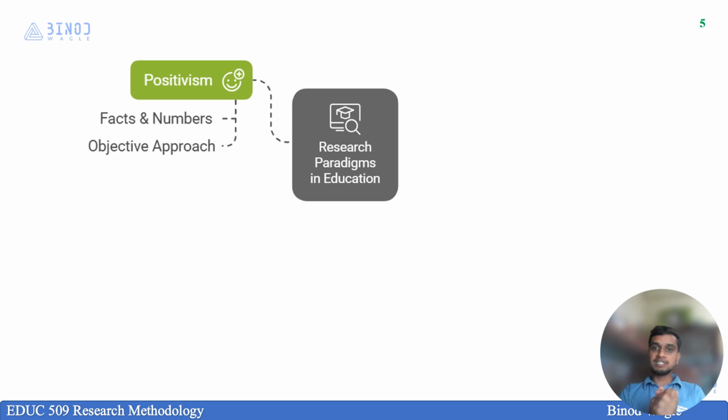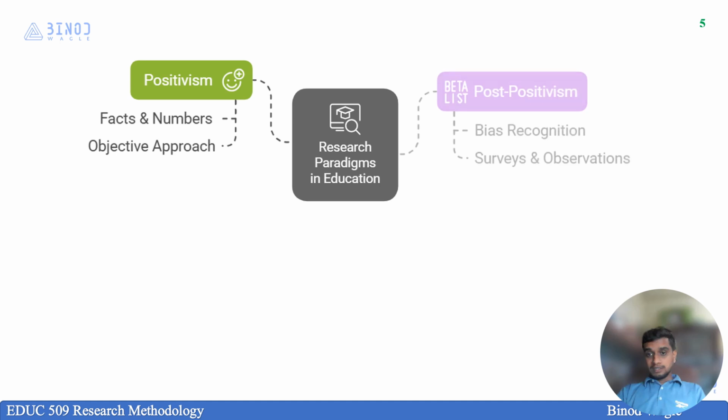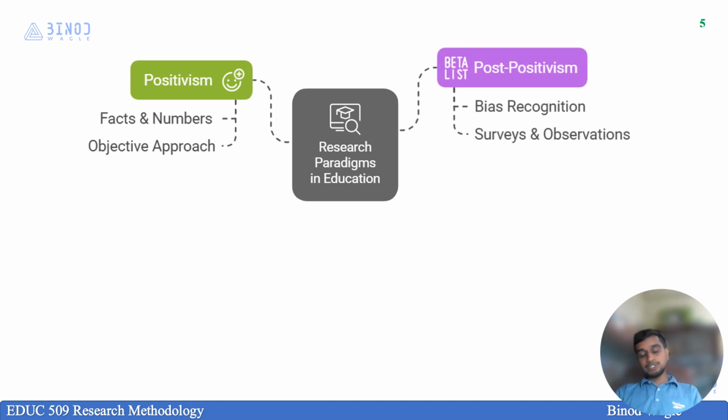For example, does homework improve student performance? This can be considered as one of the examples of positivism. Then the second one is post-positivism. It recognizes biases and includes surveys and observations. For example, how teacher qualification affects student success can be considered as a post-positivism example.